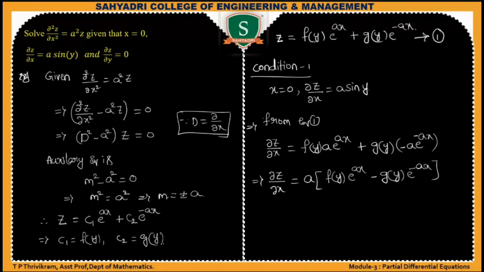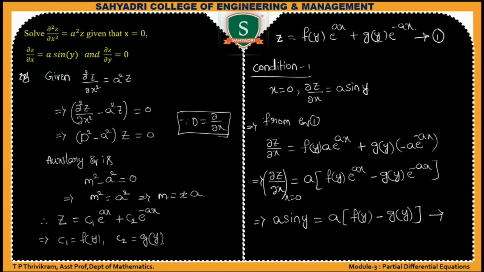So its value is a sin y. So find this value at x equal to 0. What happens? Left hand side a sin y will get is equal to, substitute x equal to 0 here. How much will we get? f of y e power a into 0, so I'll get e power 0 is 1, minus g of y into e power minus 0, so it is 1 again. So take it as equation 2.